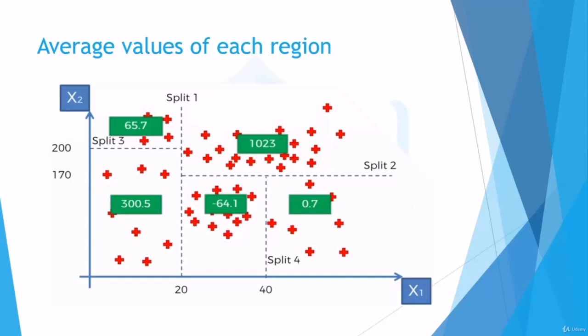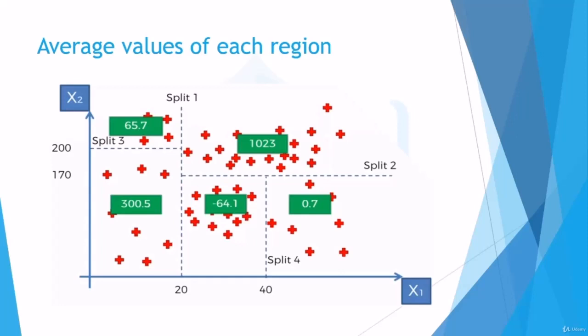So when we predict some values, the average value is calculated, and if the value is near about these average values, then the algorithm will predict that this data point belongs to this particular region. So I hope that the basic concepts of decision tree are clear to you all.